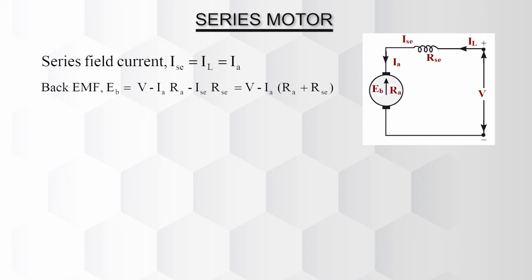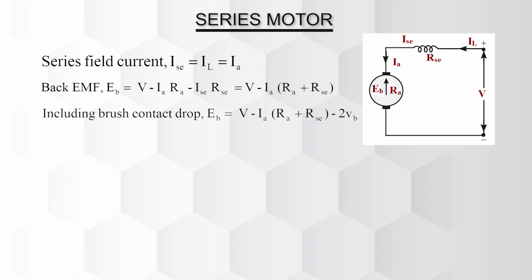Then the back EMF EB can be written as V minus IA multiplied by RA plus RSE. When you consider the voltage drop across the brush, you can write the expression for the back EMF EB as V minus IA multiplied by RA plus RSE minus 2 Vb, where Vb is the voltage drop across the brush.